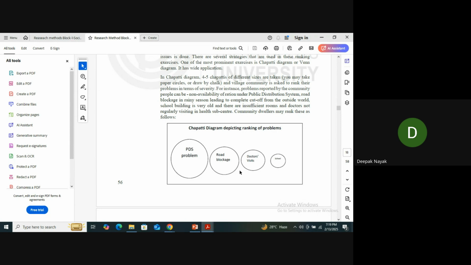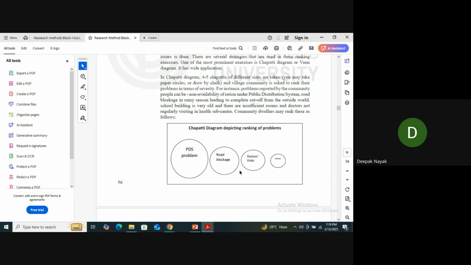So in this particular community, they have placed PDS as the biggest problem. And next is road blockage. Road communication is blocked by many unwanted structures in the village. That's what they have placed that should be addressed.